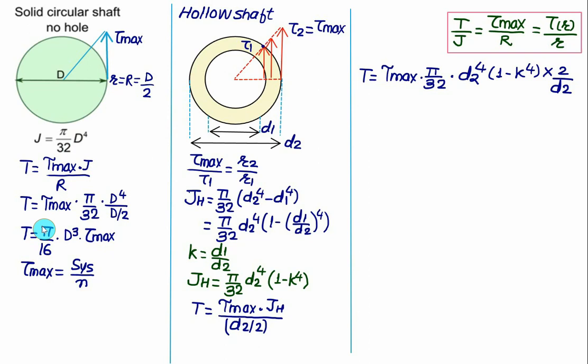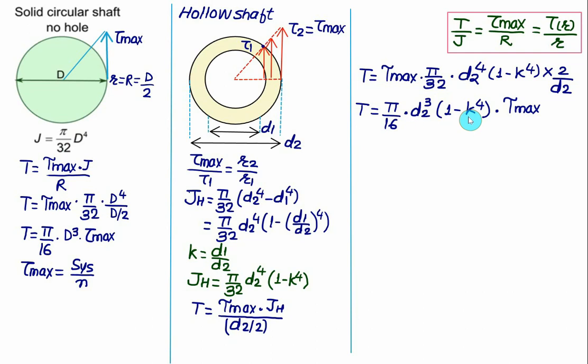So this formula is almost analogous to the solid shaft formula, which is why we have arranged this formula in the form of k. So we have total torque in the case of a hollow shaft equal to pi divided by 16 into d2 cube, that is the outer diameter cube, multiplied by 1 minus k to the power 4. K is nothing but d1 by d2, which is always a fraction, multiplied by maximum shear stress tau max. So you can use this formula for a hollow section.